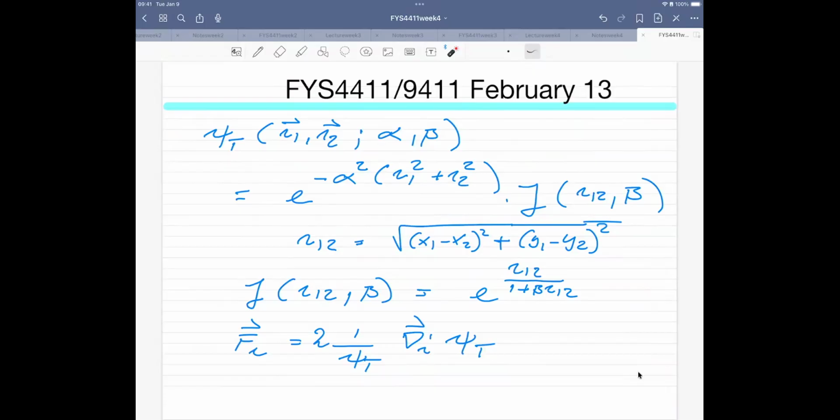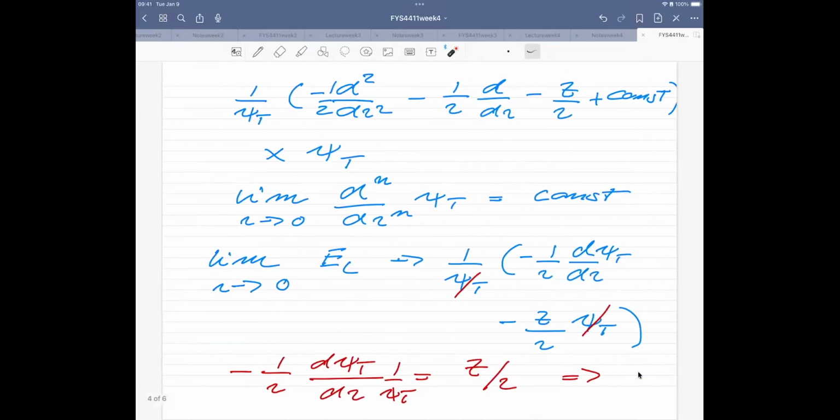To avoid that, there's a minimal requirement, which you can show mathematically, given by the exponential with an argument, the relative distance. That makes sure that you cancel these divergences when R goes to 0. You can replace that for a single particle with this R, which could then be the relative distance between two particles.